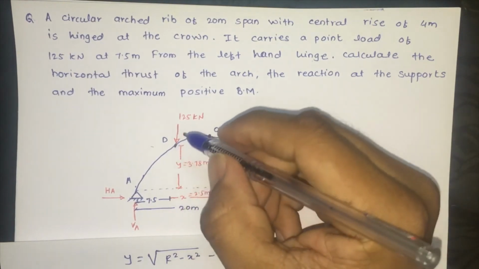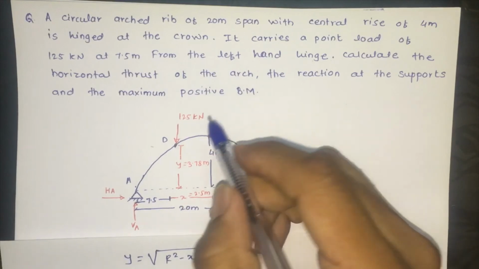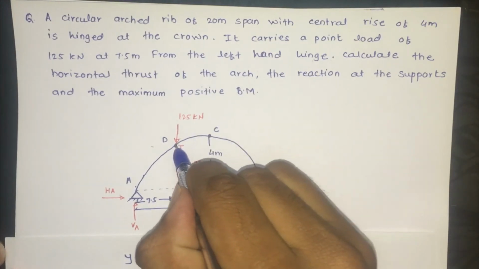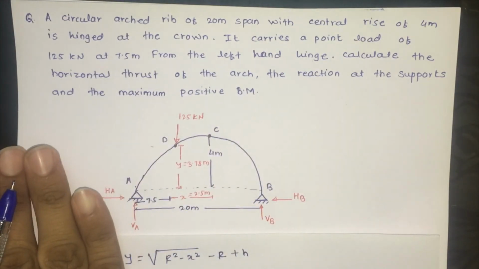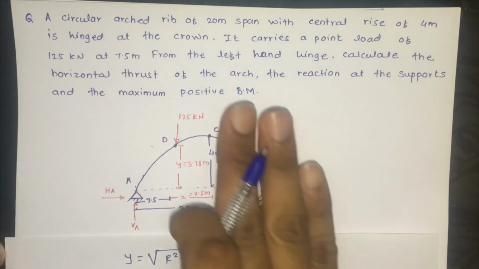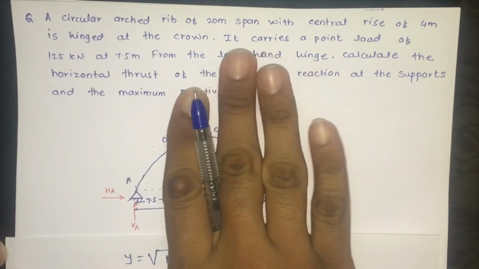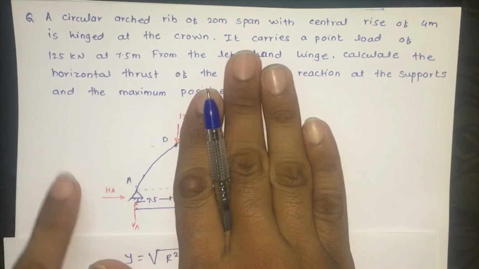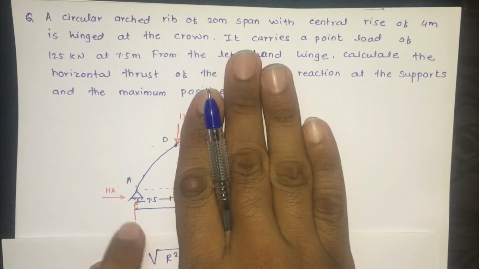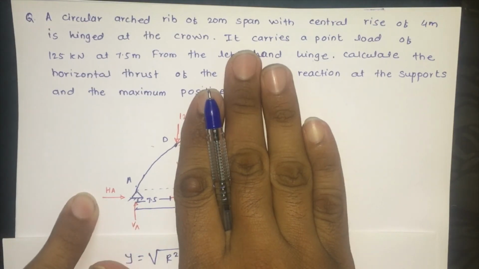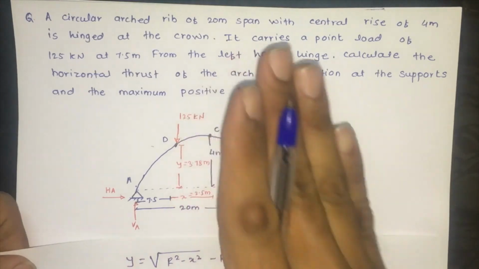Now to find the maximum bending moment, take the bending moment at this point D. To calculate the bending moment at point D, consider either the left side of the segment or the right side of the segment. I select the left side of the segment and take the moment. So the moment produced by this VA force and the moment produced by this HA force come into the picture.